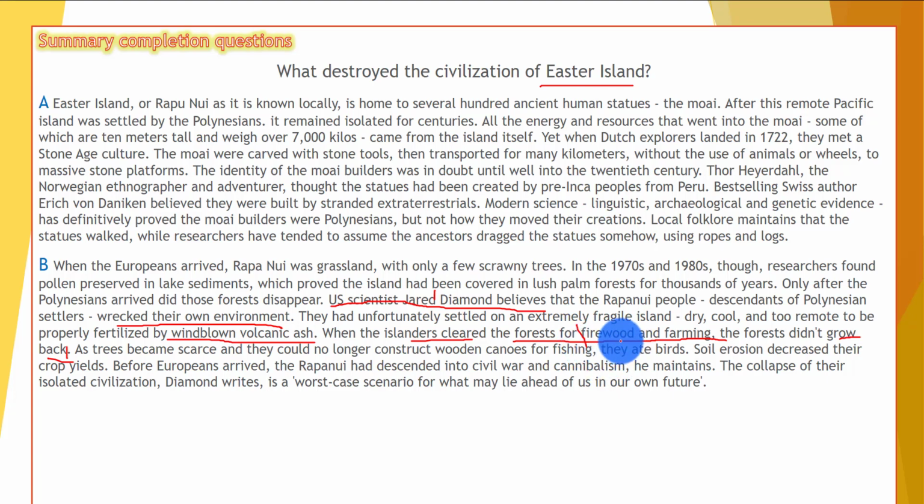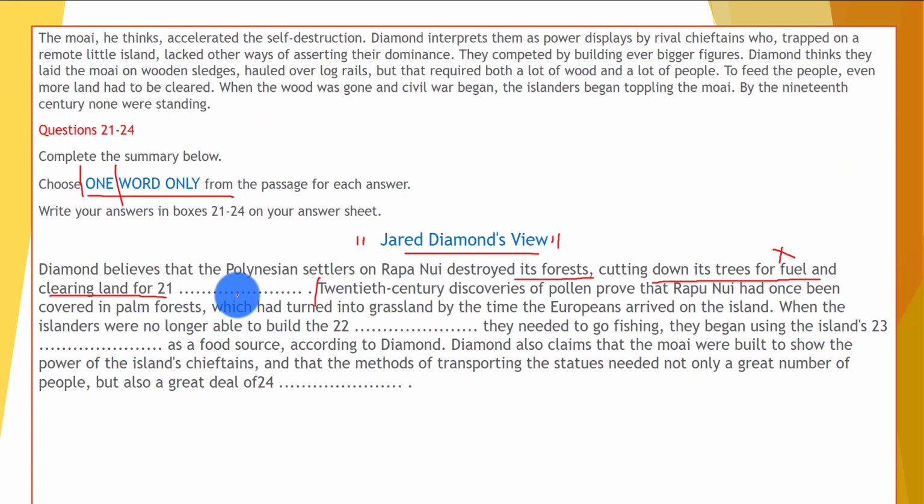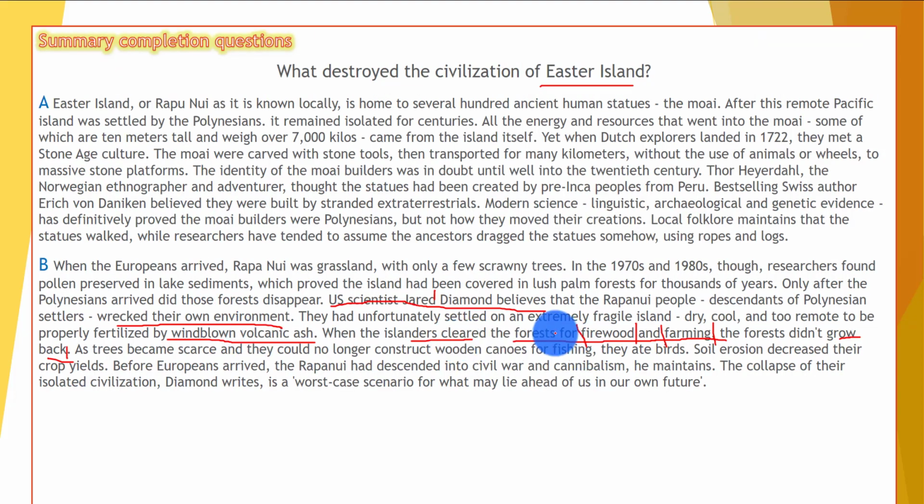Fuel could be paraphrased with firewood, and farming is our answer. As you see, we have cutting down its trees for fuel and clearing land for farming. This is our answer for 21. Transfer this answer to your answer sheet.